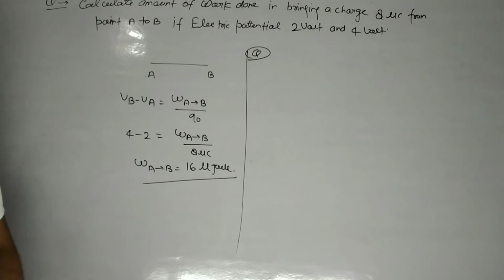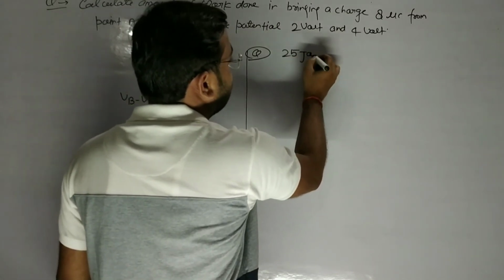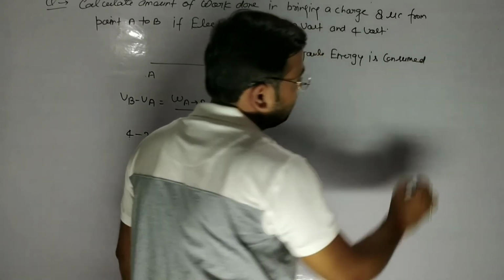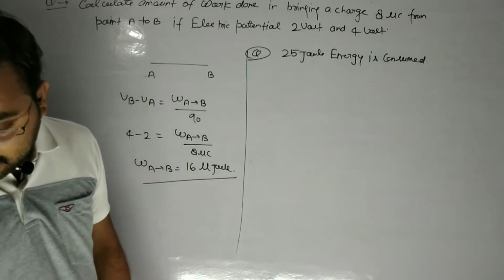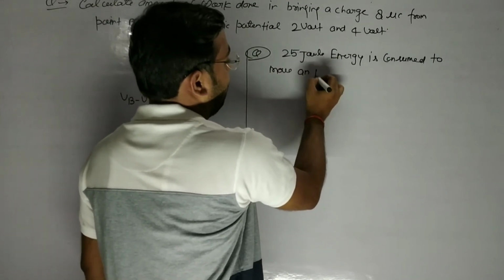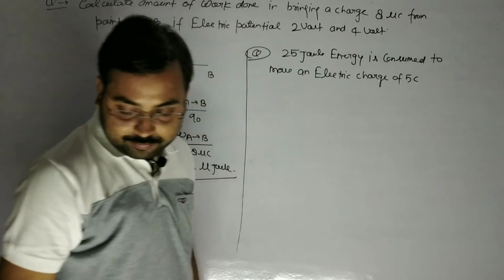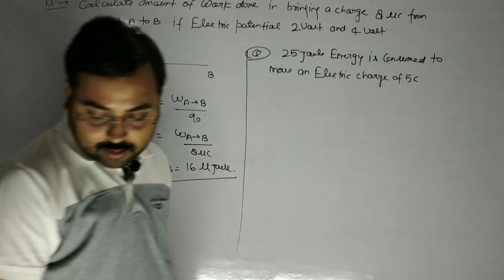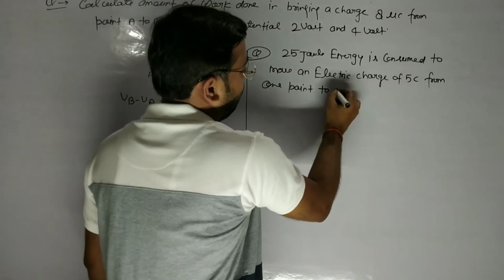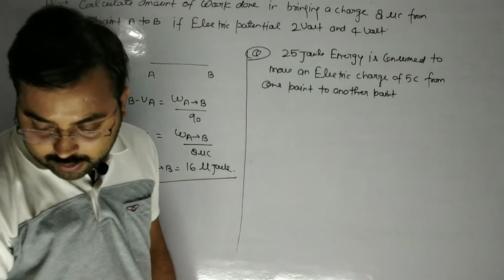Next numerical. 25 joule of energy is consumed to move an electric charge of 5 coulomb from one point to another point in an electric field.